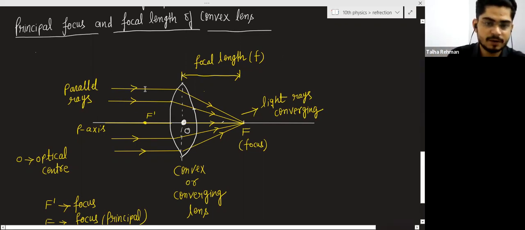So these are the parallel rays, and after refraction, these rays are meeting at this point. This point is known as focus, and the distance between this optical center and this focus is known as the focal length.